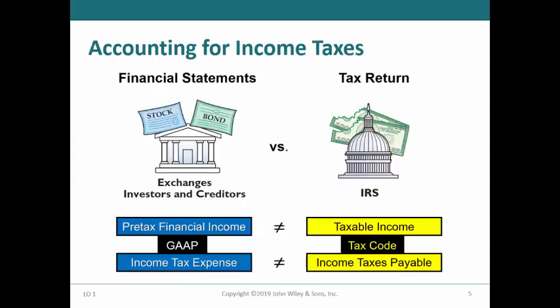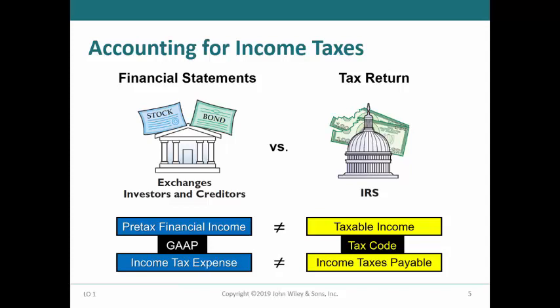This is a great illustration of why we have deferred income taxes. The financial statements that are prepared based on GAAP determine pre-tax financial income and income tax expense, and the tax code determines taxable income and income taxes payable.